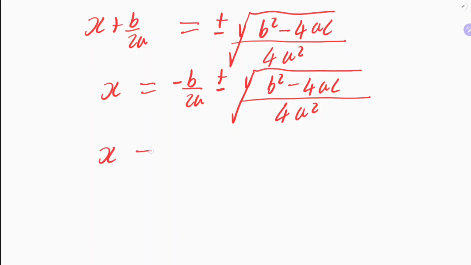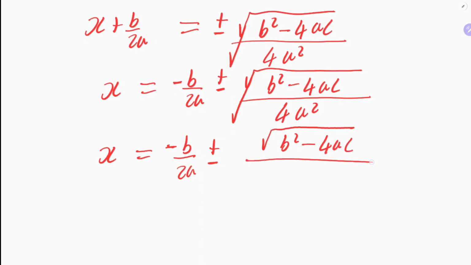So we have x is equal to negative b on 2a plus or minus the square root of b squared minus 4ac divided by the square root of 4a squared. I'm sure everybody already knows this formula.